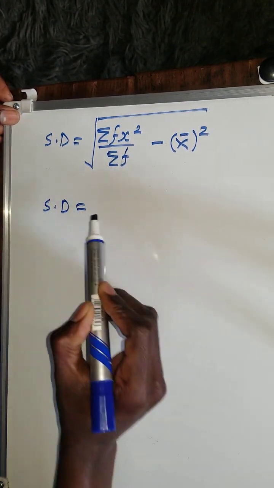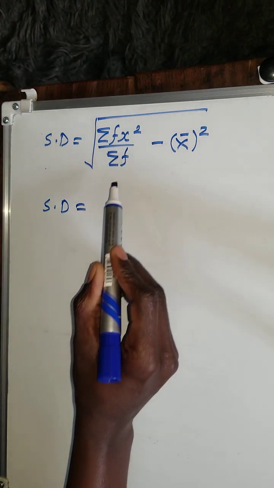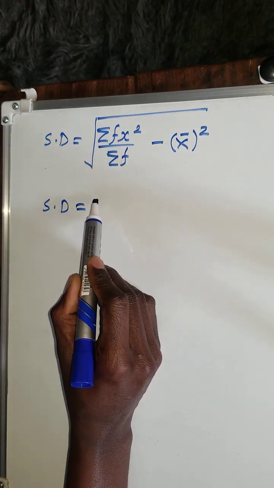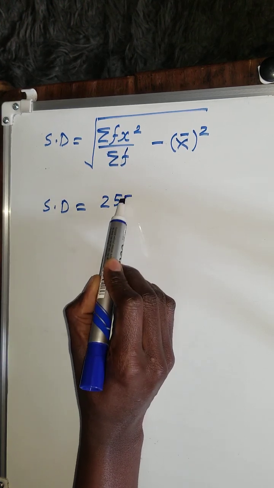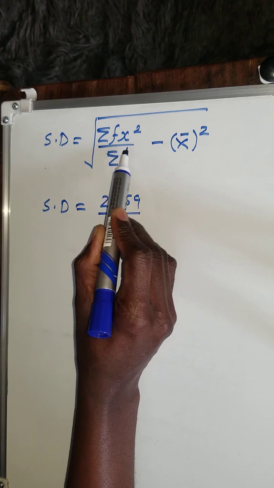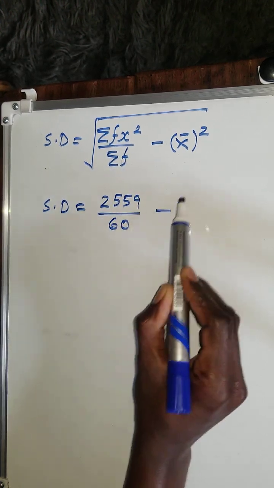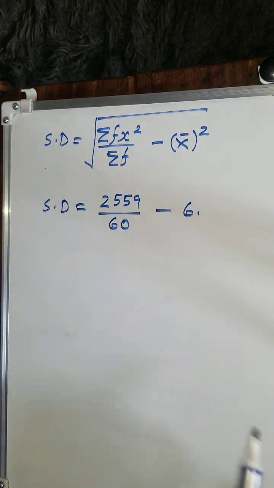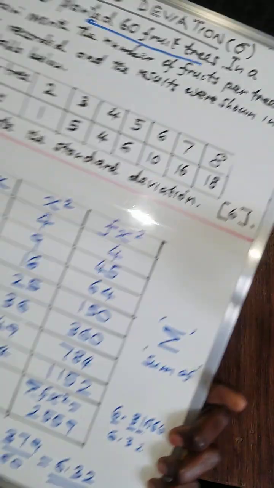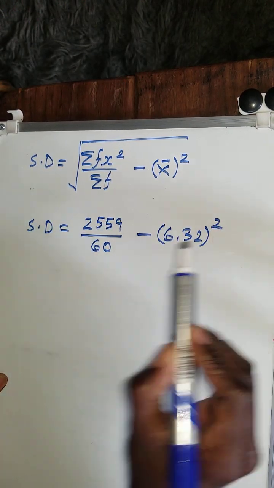So the standard deviation is going to be the sum of fx squared that we got. Remember, we got 2559, divided by the sum of the frequency, which we know is 60, minus the mean that we got. If you remember, we got 6.32, you can refer back. So 6.32, but this raised to the power 2.